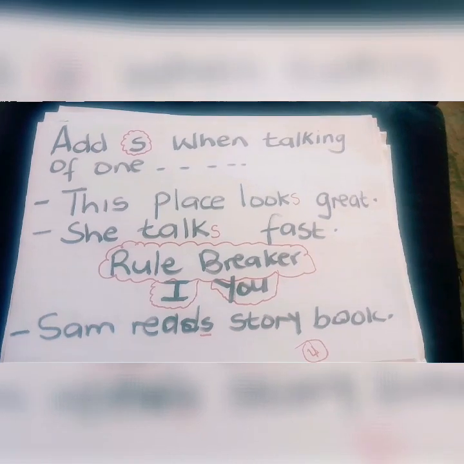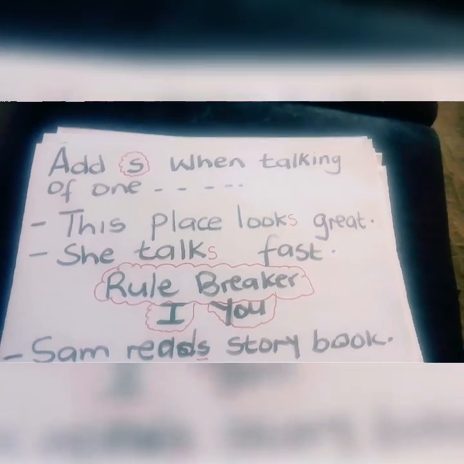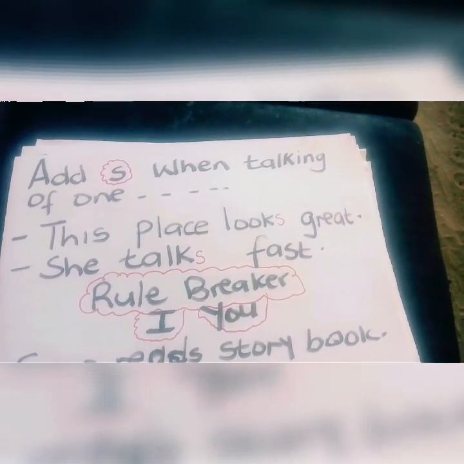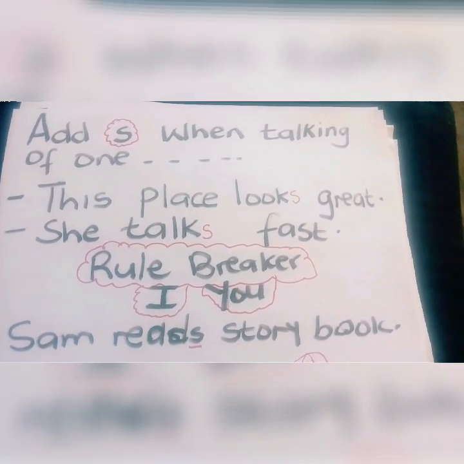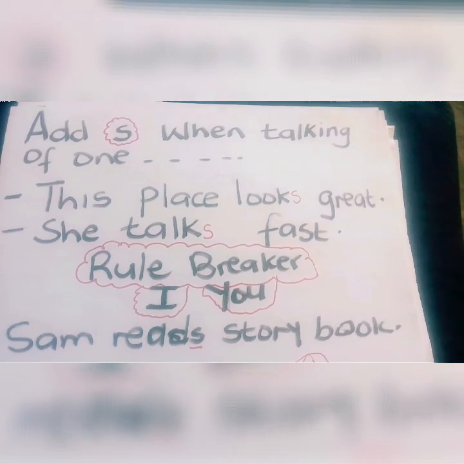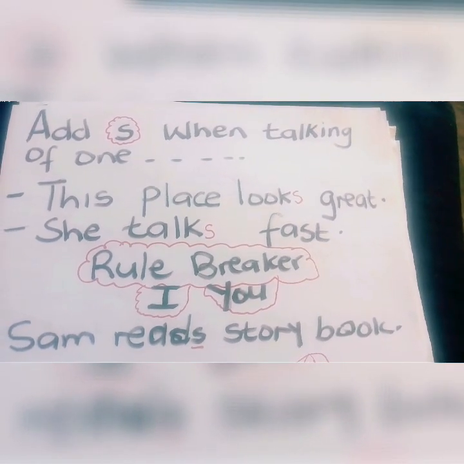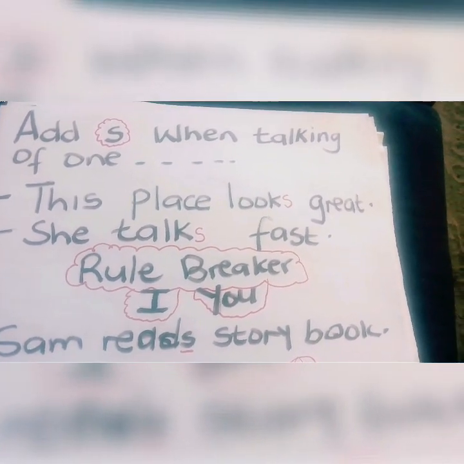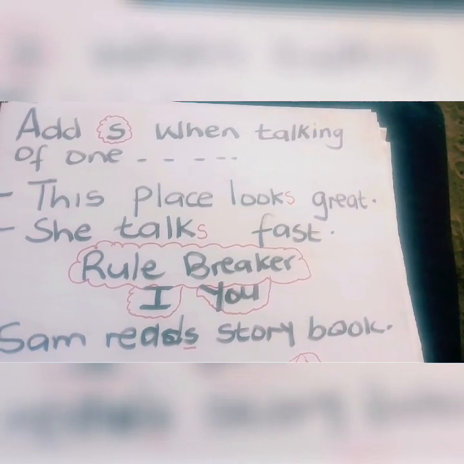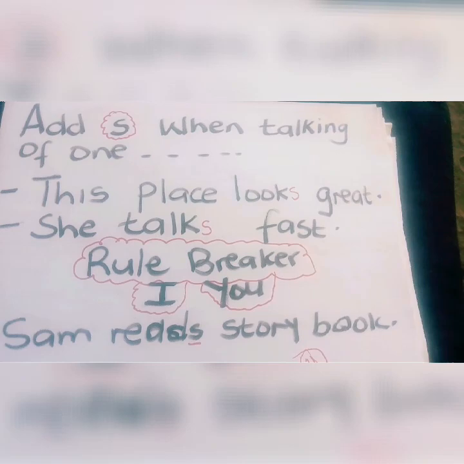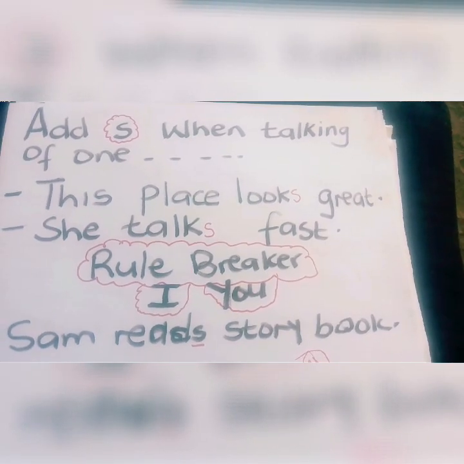About plural and singular, we are saying add s when you are talking of one person, one idea, one place, or one thing. For instance, this place looks great. We are talking about one place, so we have to add an s because we are talking about one thing. She talks fast.